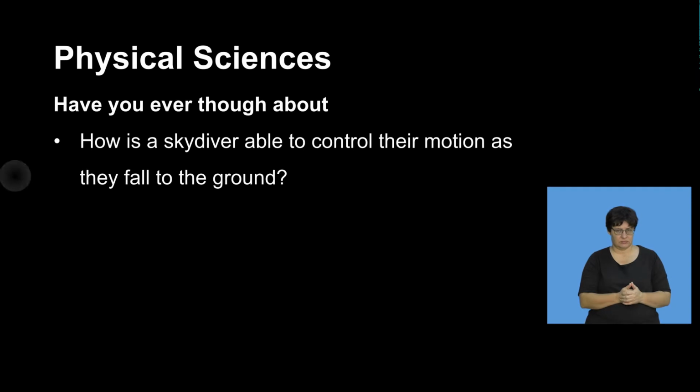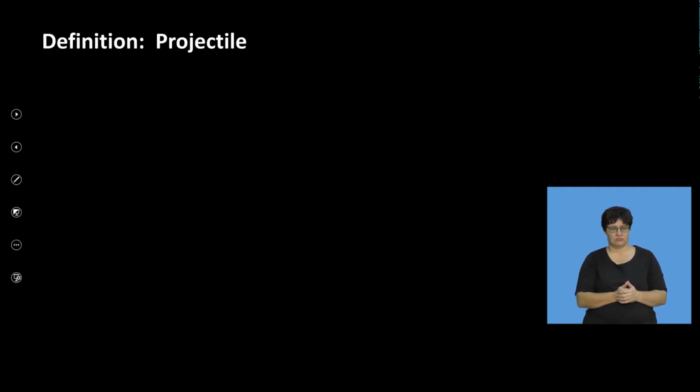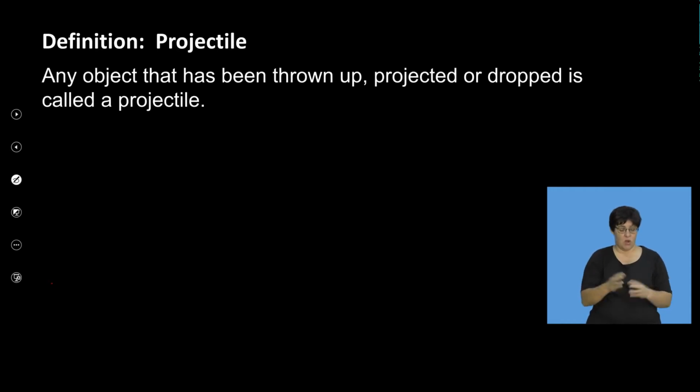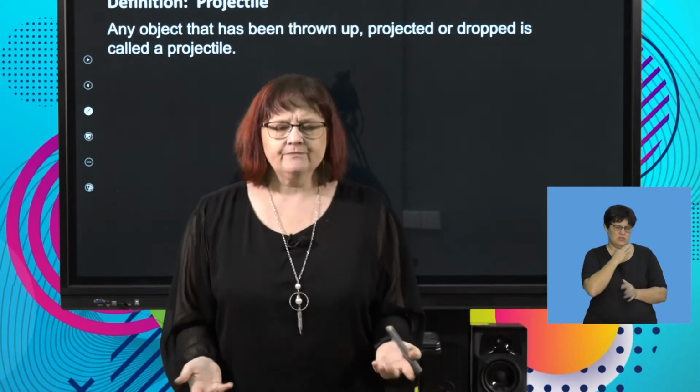All right, so let's see if we can get to some answers. First of all, let's define some things. The first thing we're going to define is what is a projectile. A projectile is any object that is being thrown up, projected, or dropped. Thrown or projected, we're good. That's a projectile, because that's how we use it in English.